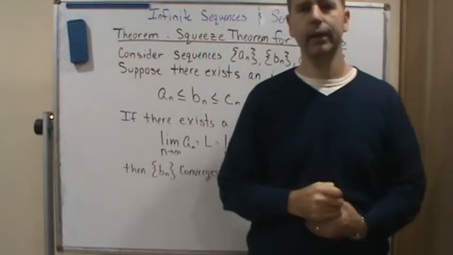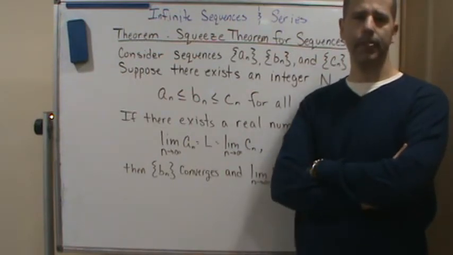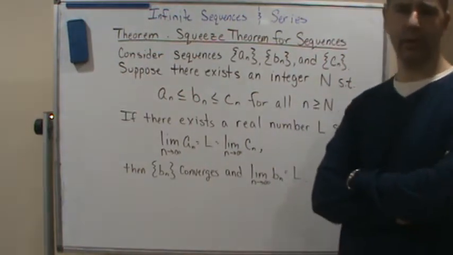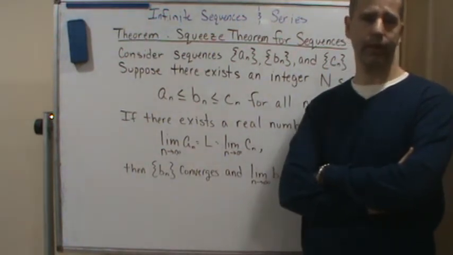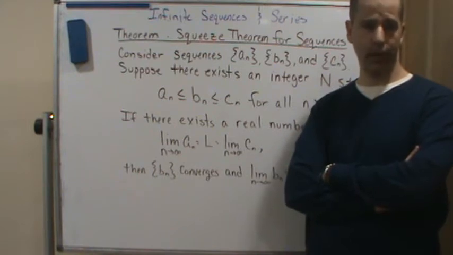Okay, so welcome back. Now in this video we're going to talk about the squeeze theorem for sequences. There are times where we're dealing with a sequence that we can't, or it is very difficult to, ascertain whether it's convergent or divergent.